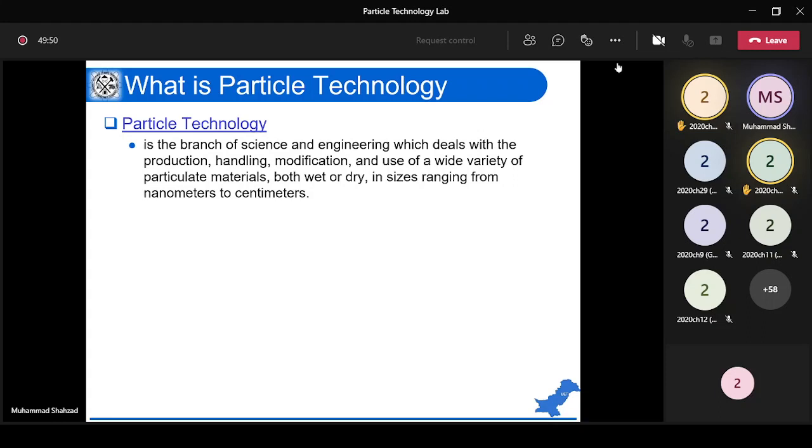The number one is the production of particles. When we talk about the production, there are many things involved. It may be related to the production of the raw material. For example, if we are extracting the material from the earth, then all the processes involved in extraction of the material from the earth will come under particle technology, because we are dealing with the particles.